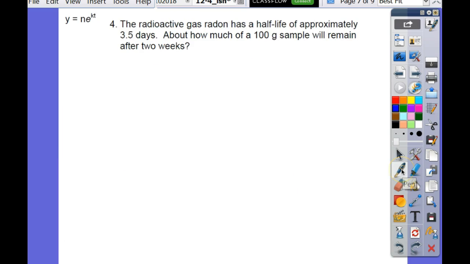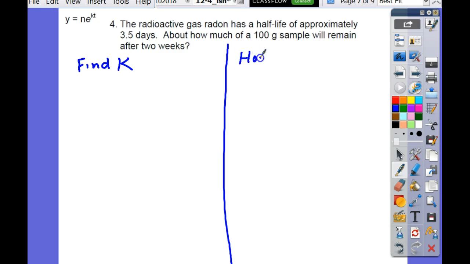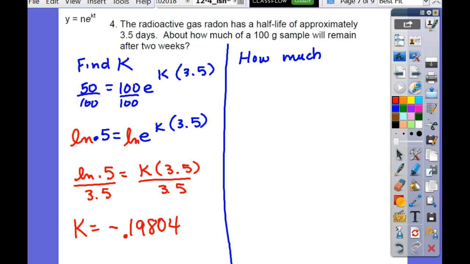Let's see if you can do problem number 4. Problem number 4, once again, has 2 parts. Find K and then find how much. See if you can set up the equation and you solve it for K. Once you have K, then you can figure out how much will remain after 2 weeks.